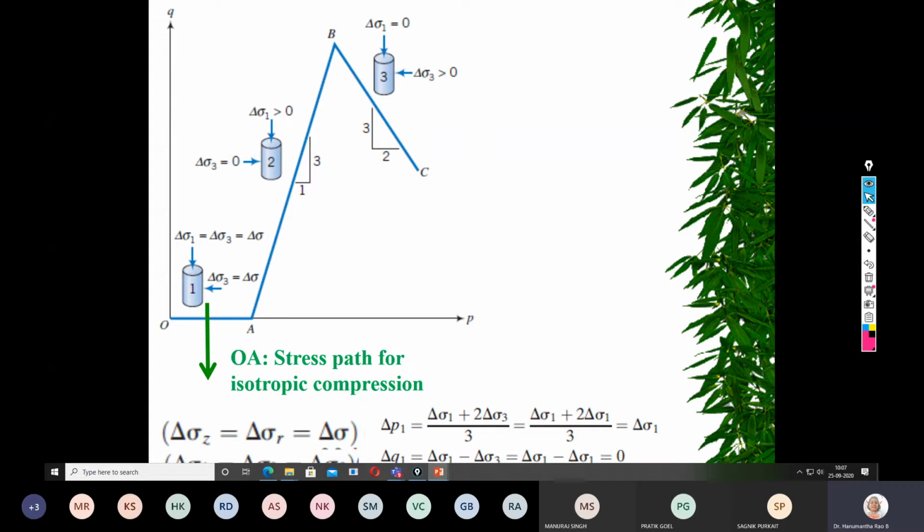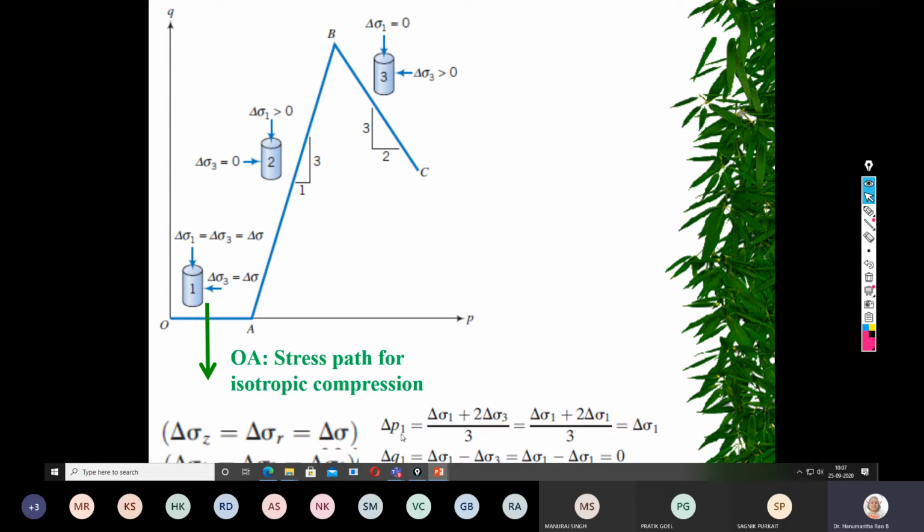As long as there are no shear stresses acting in the soil sample, the stress path either follows the horizontal path or the vertical path, depending upon the stress variance. The possibility of the vertical is in a different scenario. For our general circumstance, it always follows the horizontal, that is, along the p-axis. So this is the isotropic condition.